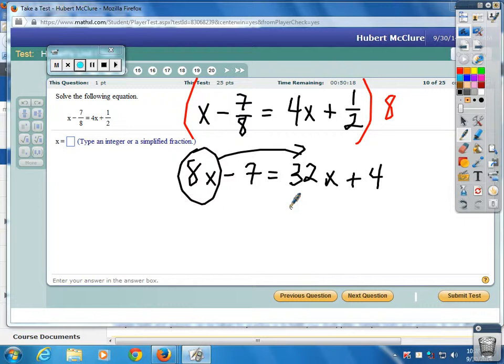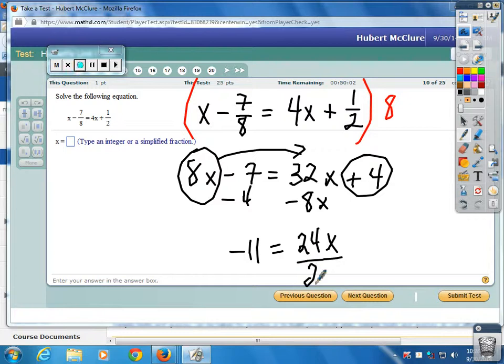Across the equal sign it becomes a minus 8x. 4 across becomes a minus 4. I get a negative 11. 32 minus 8 is what? 24x divided by 24. And x is equal to negative 11/24.